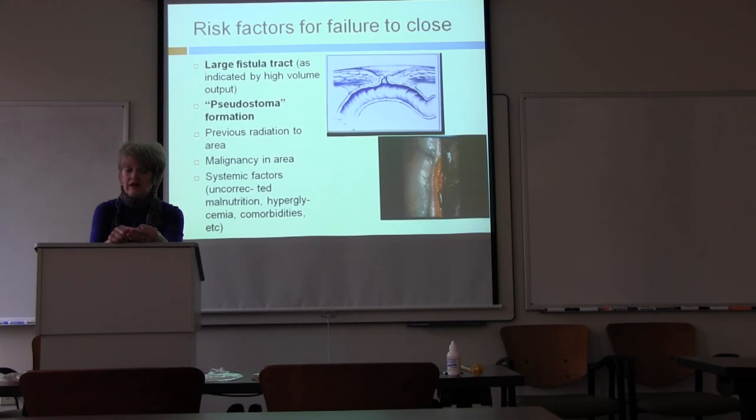Let me do a trial of negative pressure wound therapy to see if I can pull the edges of the defect together and further reduce output. So if after all of those things, I've gone from 1,400 a day to 550, 600 a day, it's like, you know what? I'm not giving up on this patient. This patient may very well be able to close this defect spontaneously. And of course, we never give up on patients, but you know what I mean.